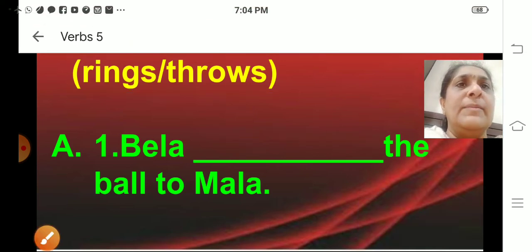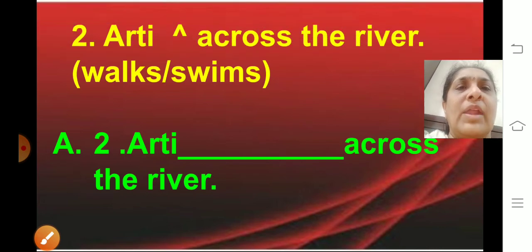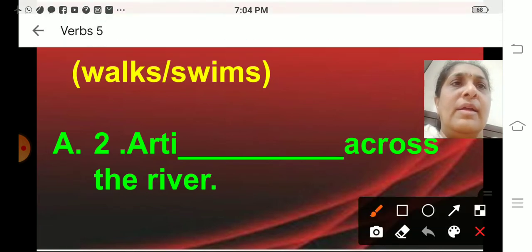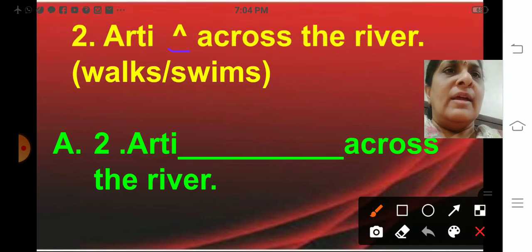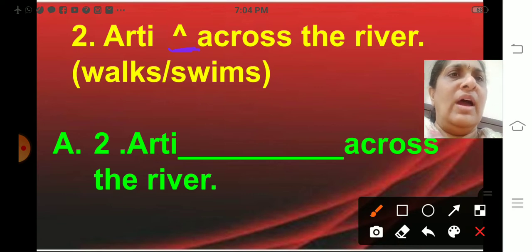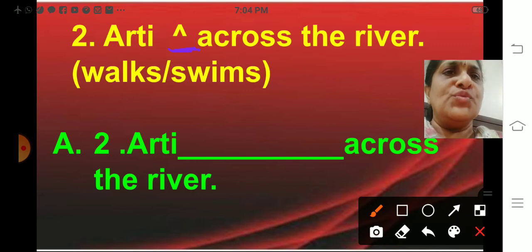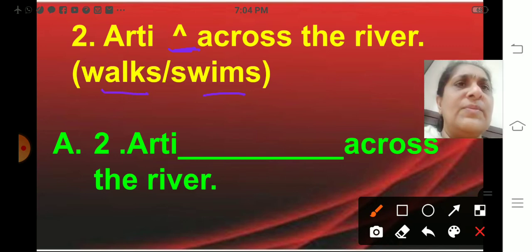Let's see. Arti dash across the river. So instead of this mark, which word will you write? Walks or swims?